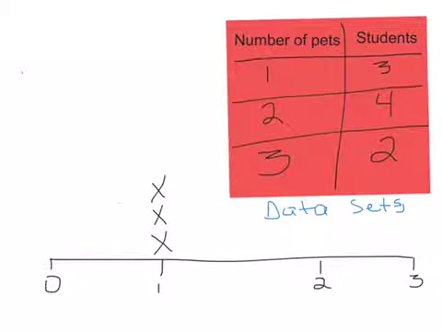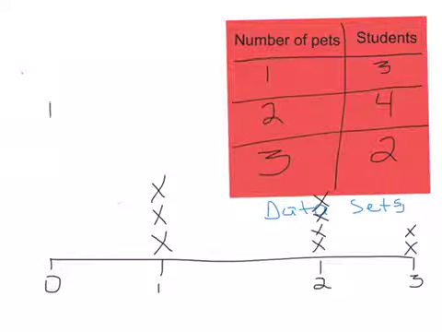We have 4 students that have 2 pets, so we make 4 X's for 2 pets. And then we have 2 students that have 3 pets. So we're going to show that by making 2 X's above 3.